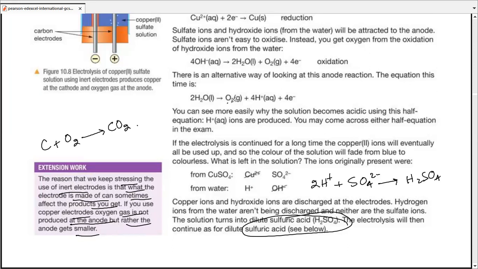Sometimes this oxygen may react with the anode material, graphite, and gives us carbon dioxide. In that case, the anode would get smaller. So sometimes the production of this oxygen gives a problem if we are using graphite anodes. Make sense?